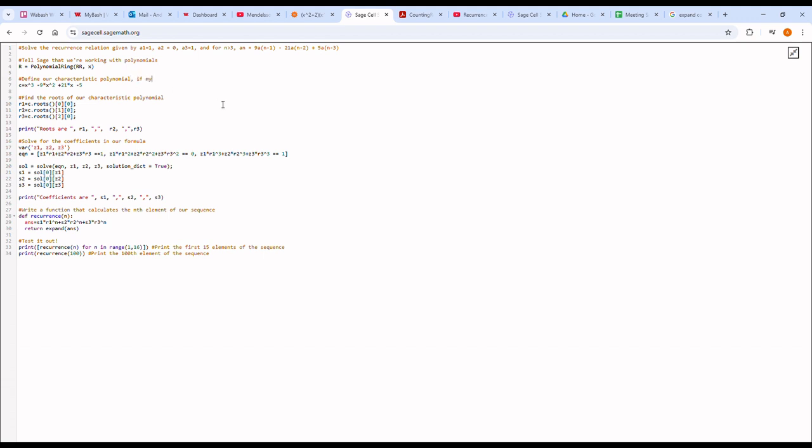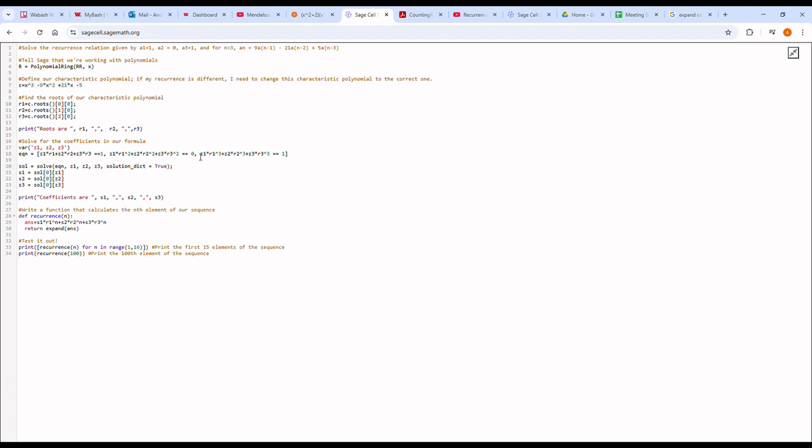So if my recurrence is different, I need to change the characteristic polynomial to the correct one. That shouldn't be terribly surprising. Different recurrences have different characteristic polynomials, so I shouldn't expect that this polynomial would work for every single recurrence.